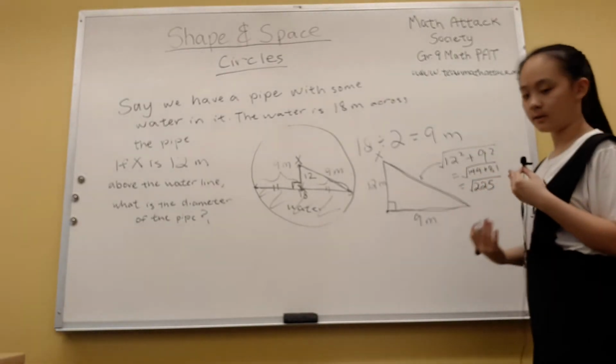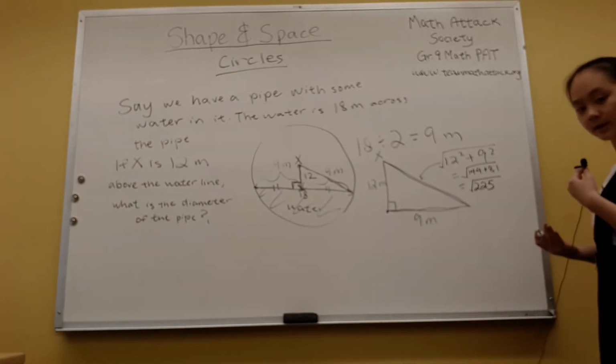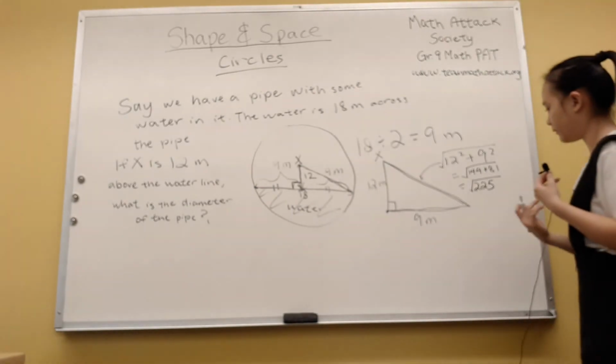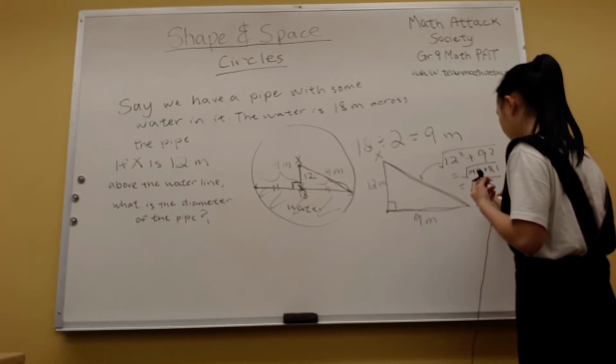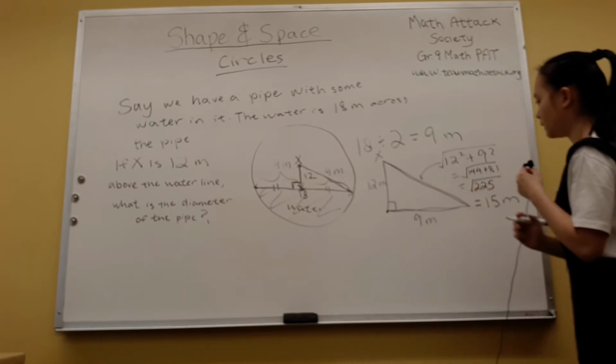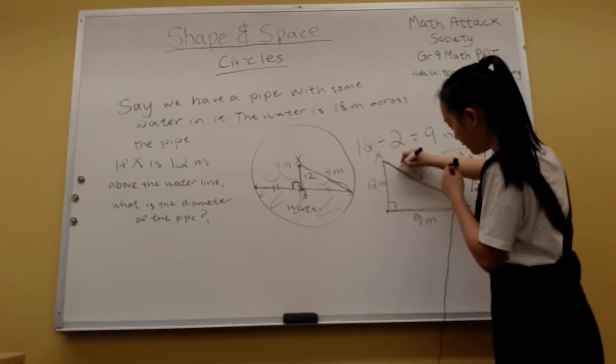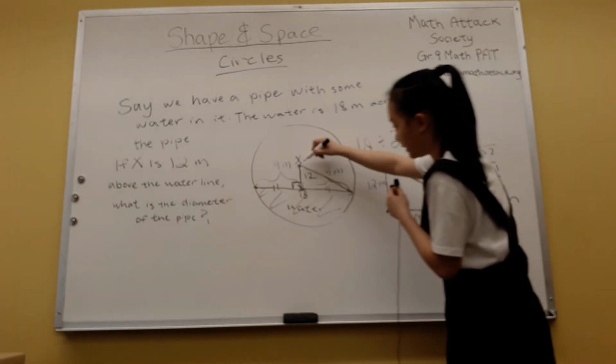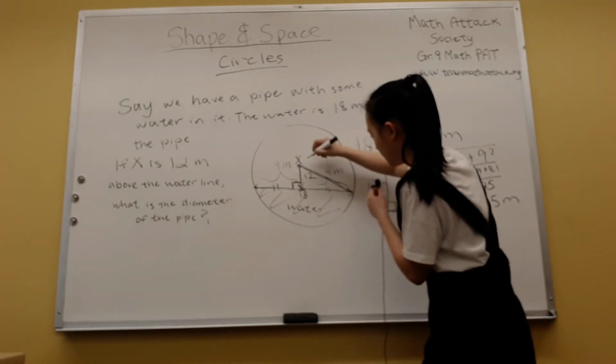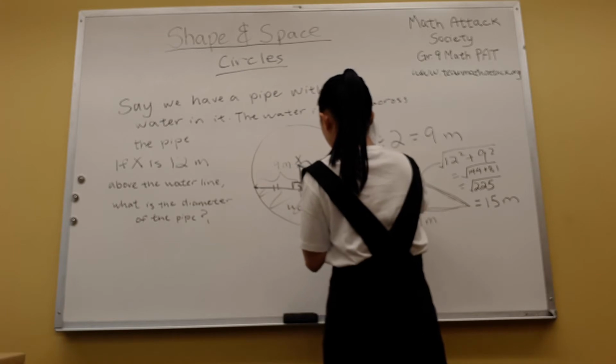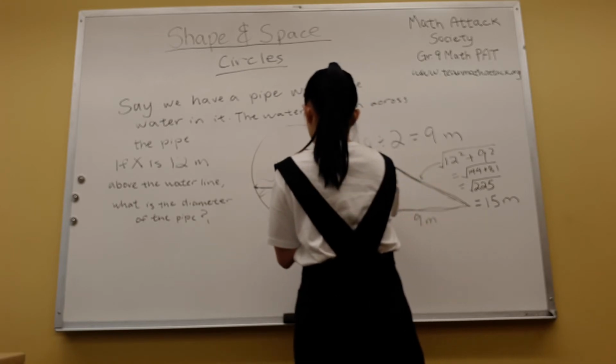Depending on the situation, you can use a calculator or, if you already know, this is equal to 15 meters. So this length right here is equal to 15 meters.